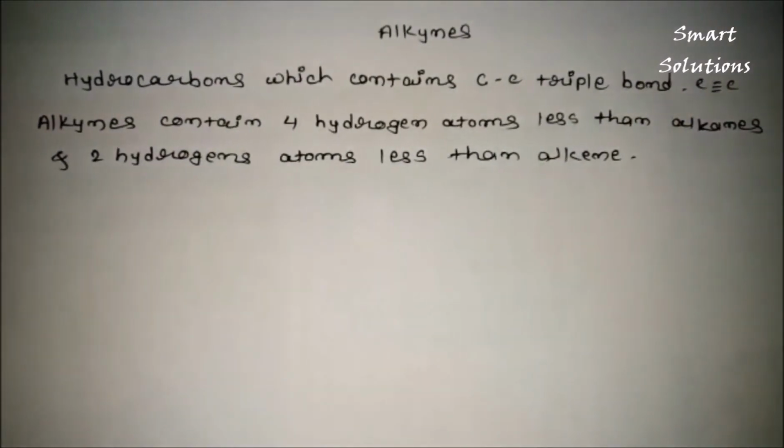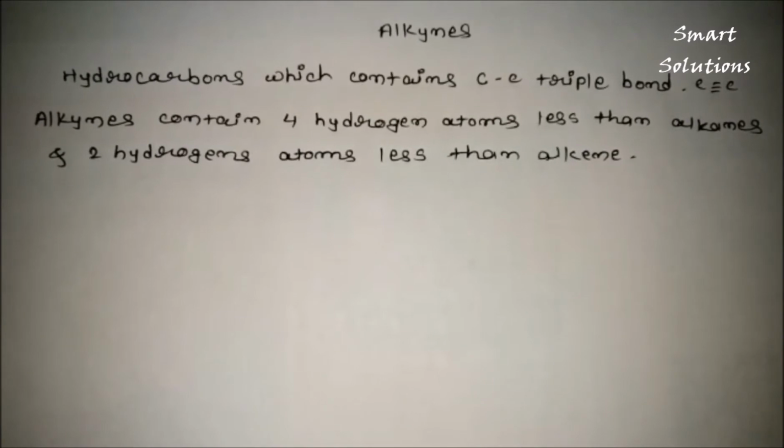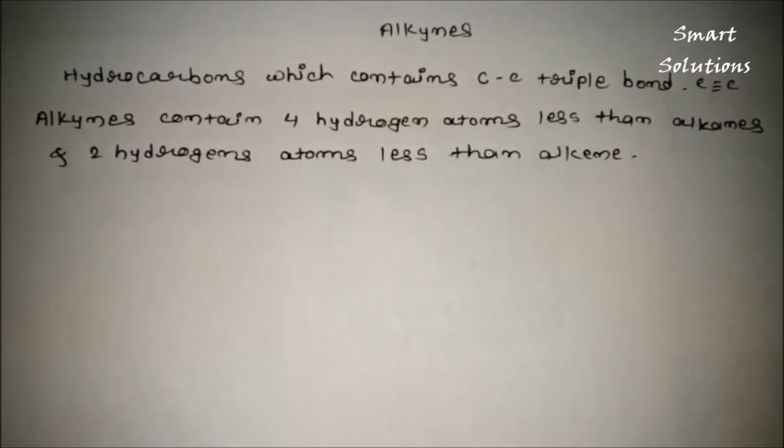So alkyne contains 4 hydrogen atoms less than alkanes and 2 hydrogen atoms less than alkene.